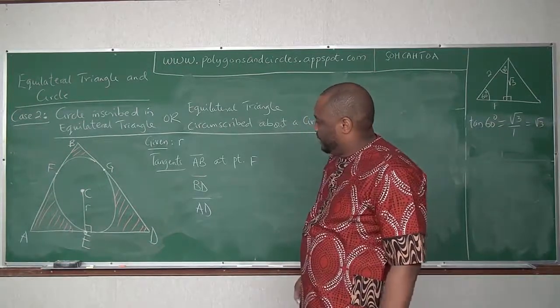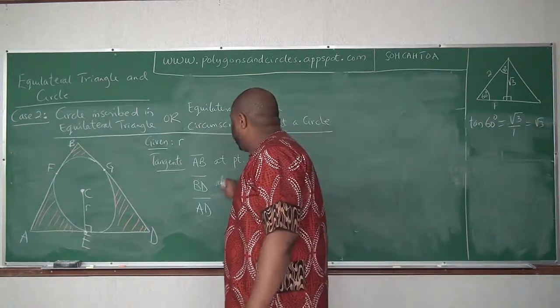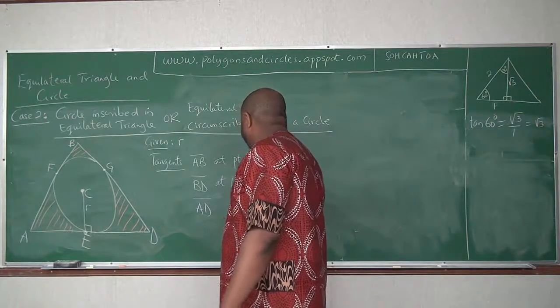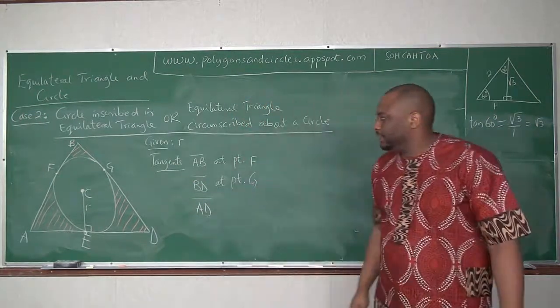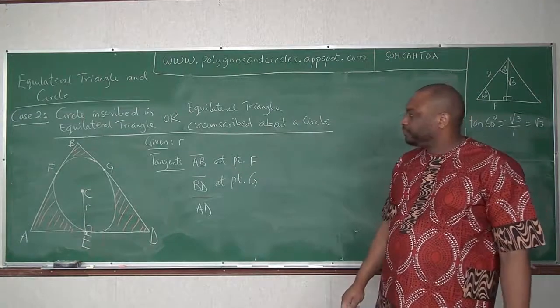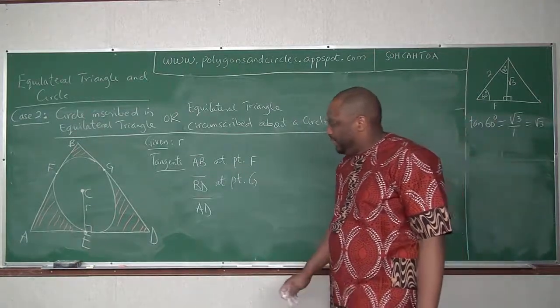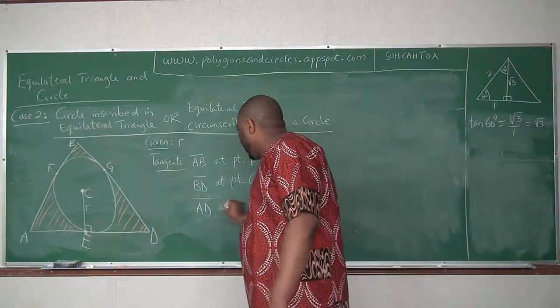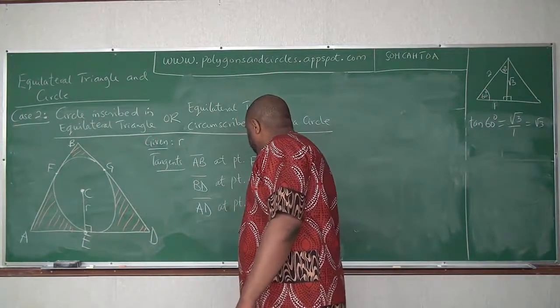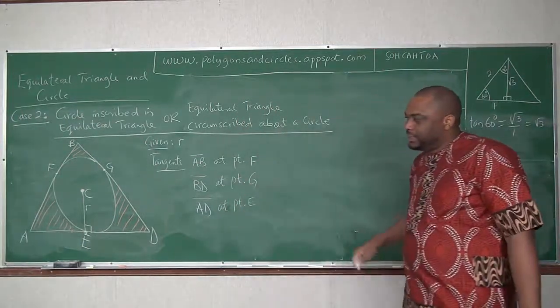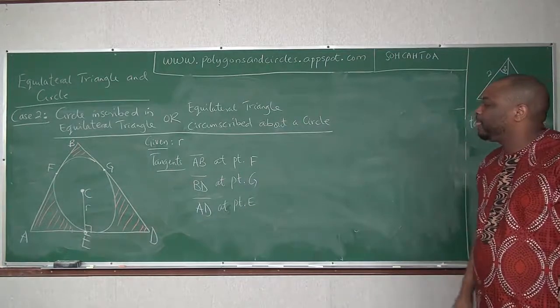Line segment BD is tangent to the circle at point G, the point of contact or the point of tangency. And line segment AD is tangent to the circle at point E.